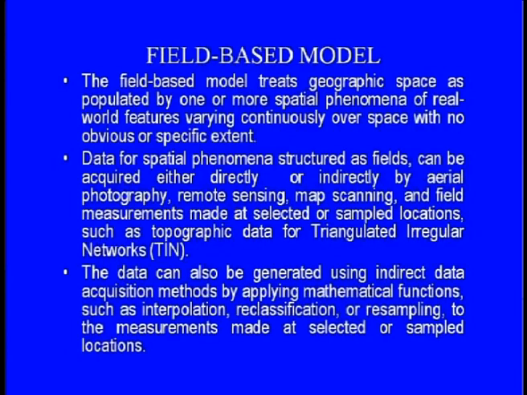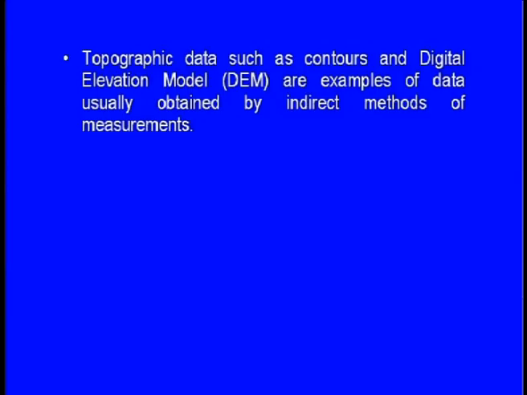The data can also be generated using indirect data acquisition methods by applying mathematical functions such as interpolation, reclassification, or resampling to the measurements made at selected or sampled locations. Topographic data such as contours and digital elevation models are examples of data usually obtained by indirect methods of measurement.